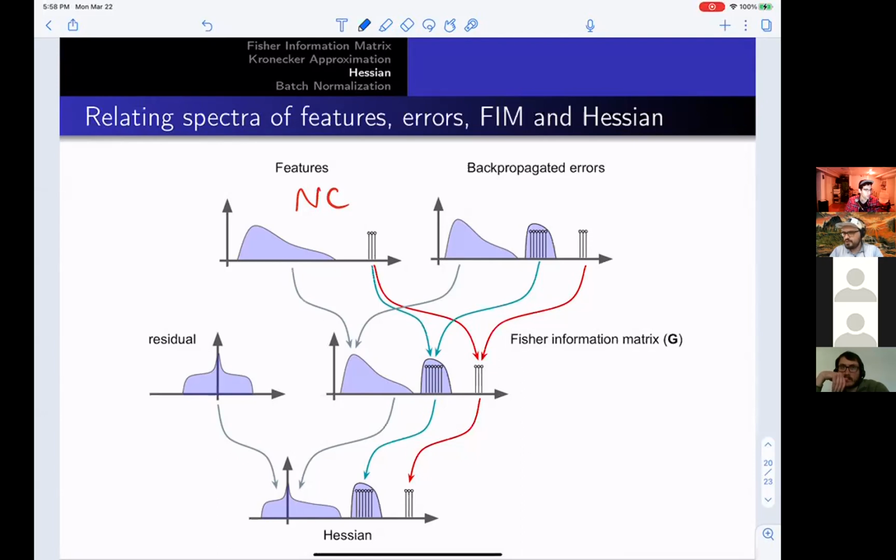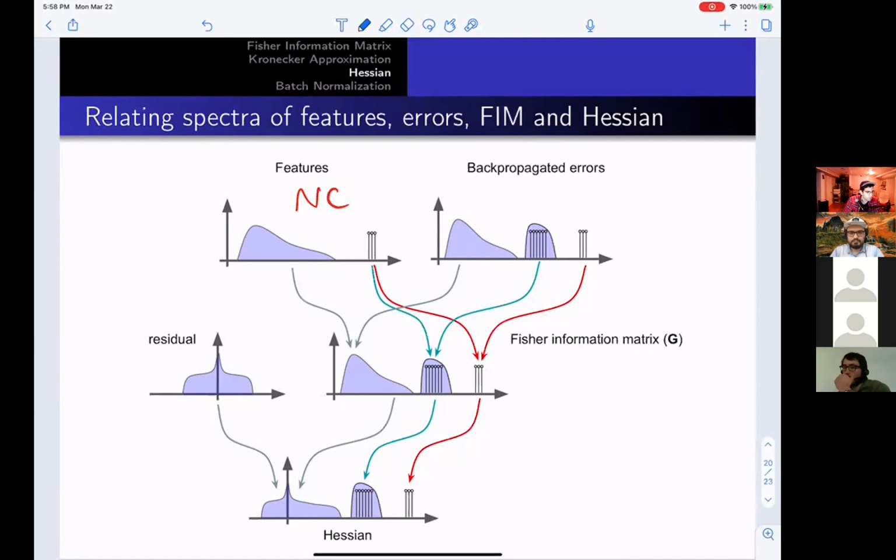But I'm not sure if I saw anything that's illuminating really whether the residual is important or not important. I don't know. Open question.